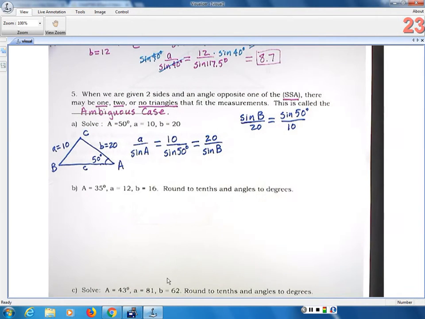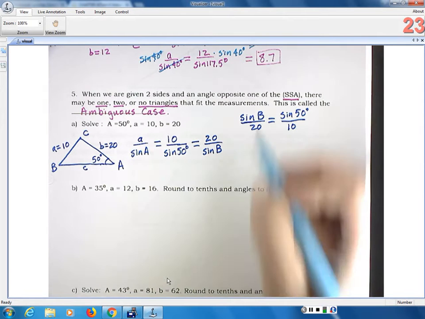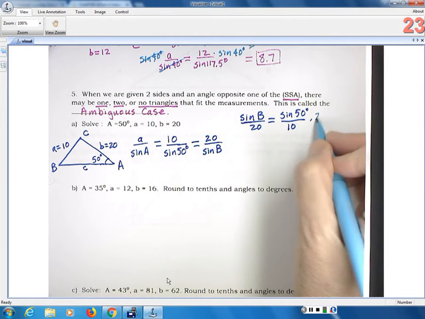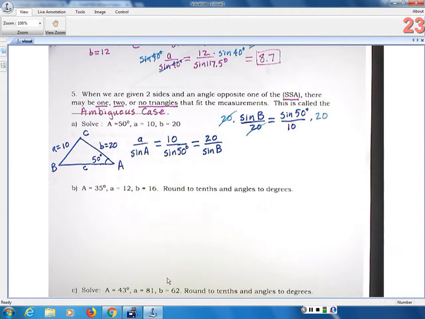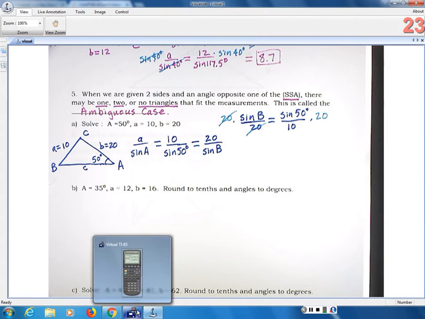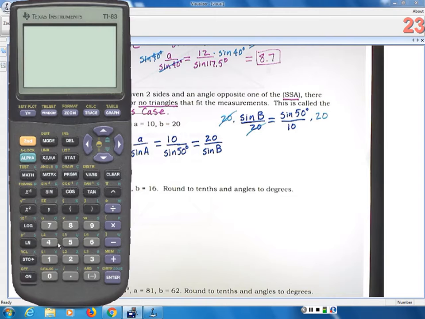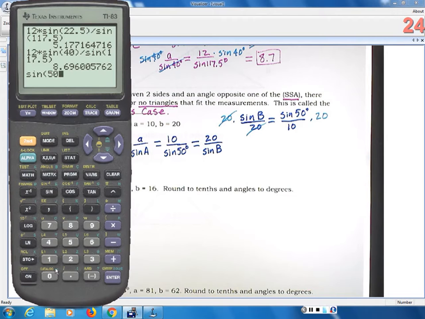And then we can multiply through to solve for sine B. We multiply by 20. So we're going to get sine of B. Let's see. So we're going to do sine of 50 times 20 divided by 10.